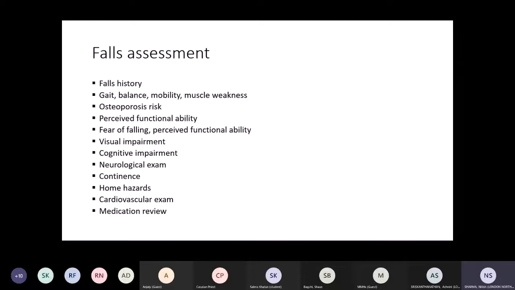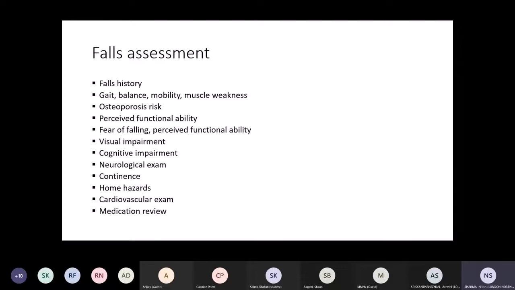What does this mean? Usually these patients won't go out because they fear they could fall. This leads to muscular atrophy and loss of confidence, which leads to a fall which otherwise wouldn't happen. So it is very important to involve the physiotherapy team to tackle this fear of falling.